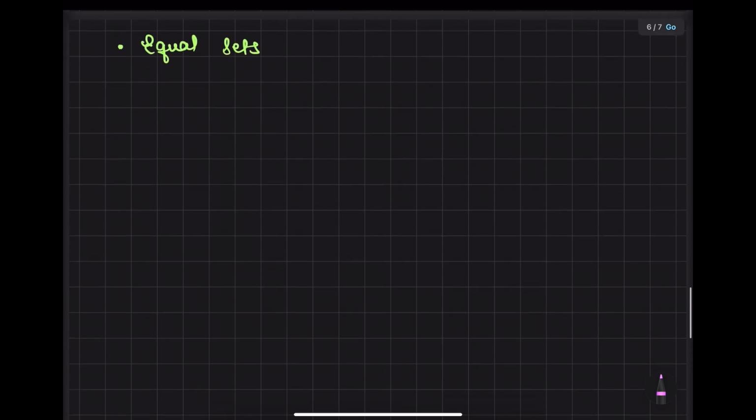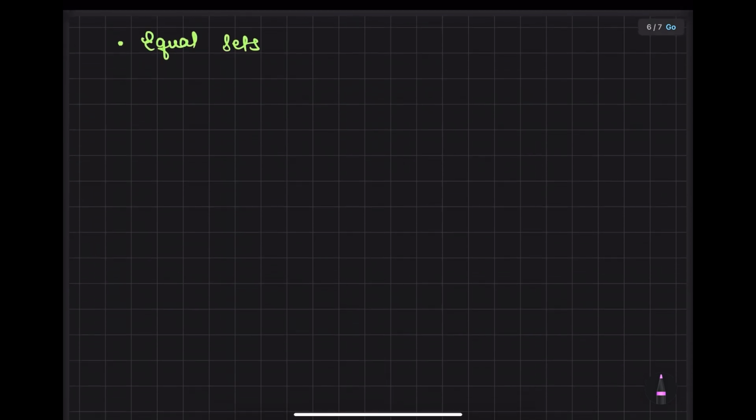Now try to understand what are equal sets. Look at the condition.